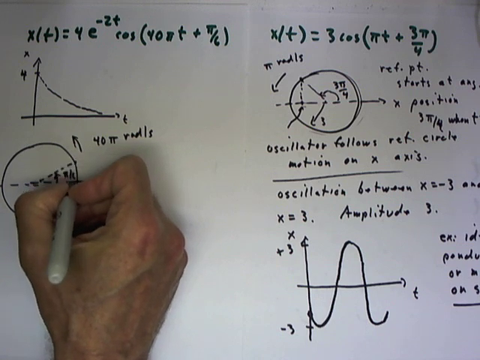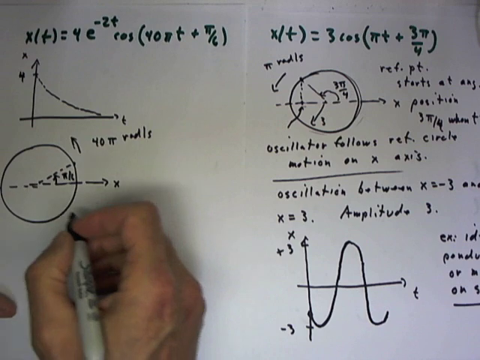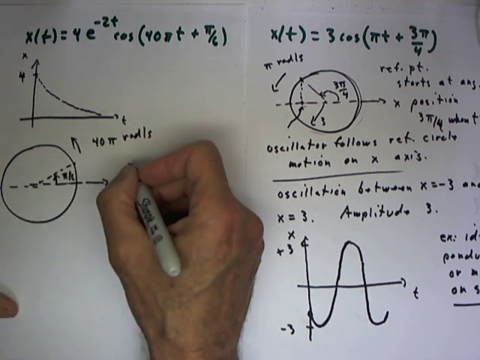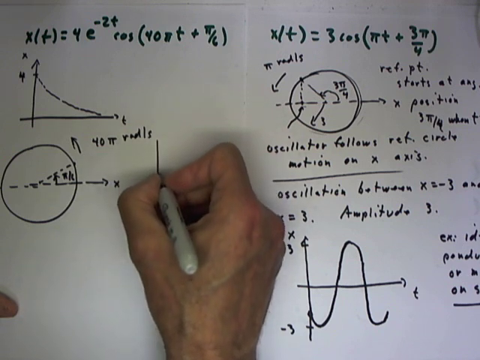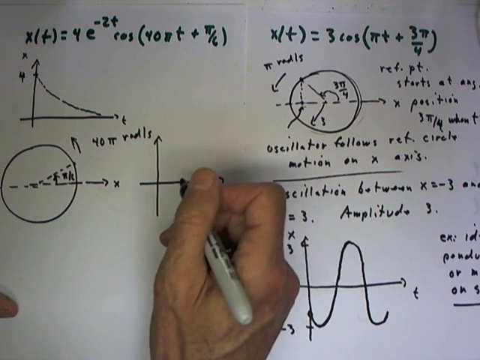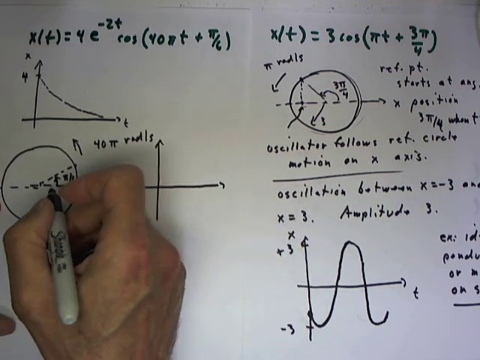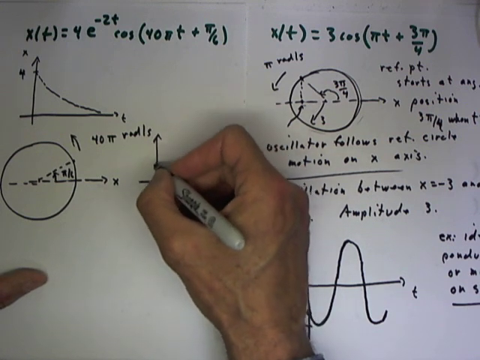The x-coordinate at this point is going to be about here. The graph of just this function is going to look something like this.